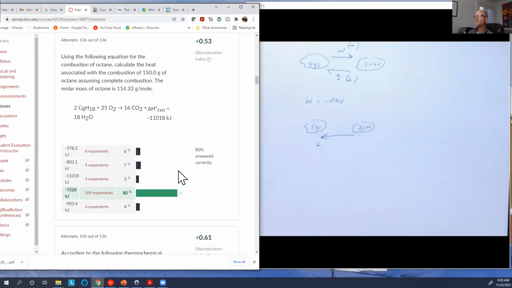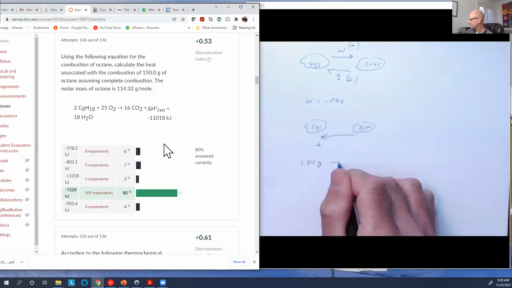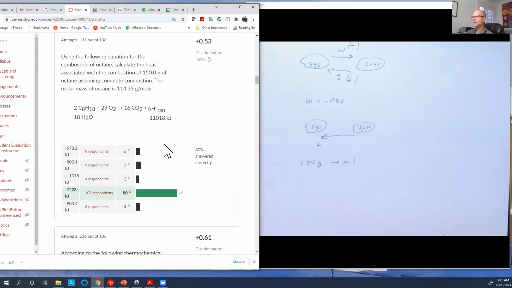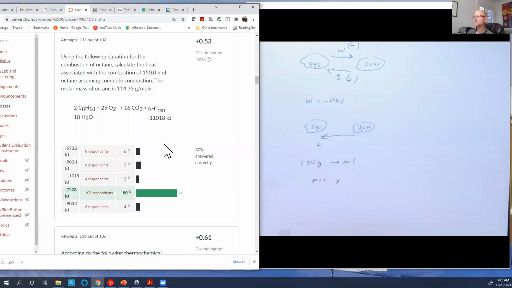This question, you have to find the heat associated with the combustion of 150 grams of octane. So you want to go from 150 grams of octane, convert that to moles of octane, and then once you have moles of octane, you use the stoichiometry of the chemical equation.